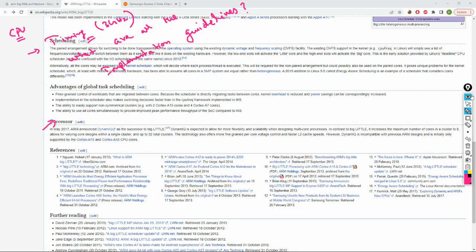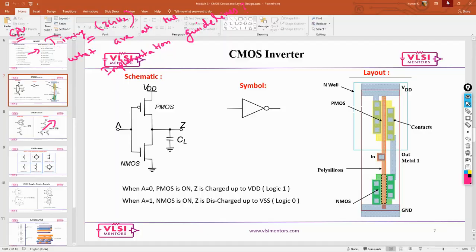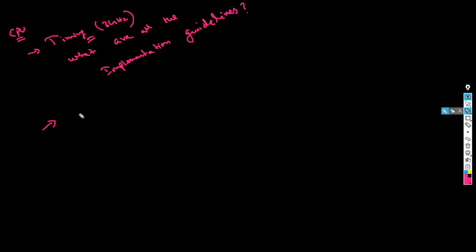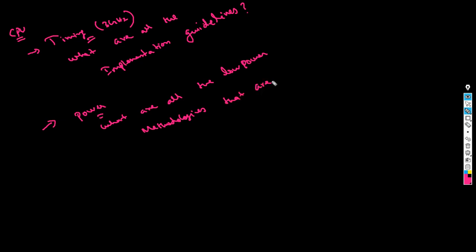And the next one is basically targeting your power. Okay, so targeting your power, what are all the low power methodologies that are available and used at the time of implementation, during implementation?